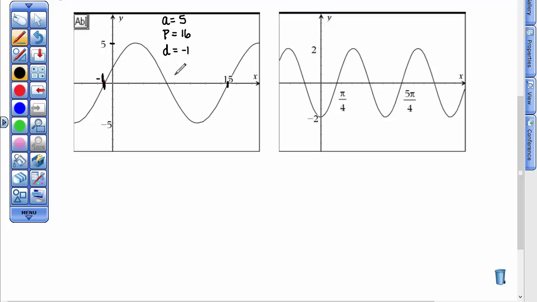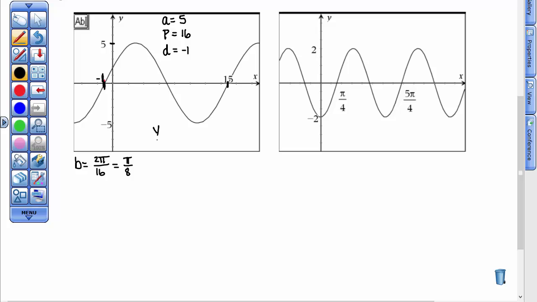To write that sine curve, you have to calculate the b value by taking 2 pi and dividing it by the period, which is 16. So pi over 8 is the number that's going to go in front of x, and I'm going to start writing this curve now.